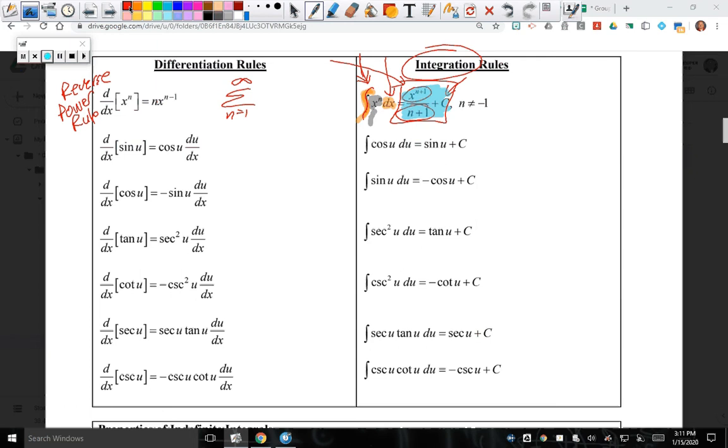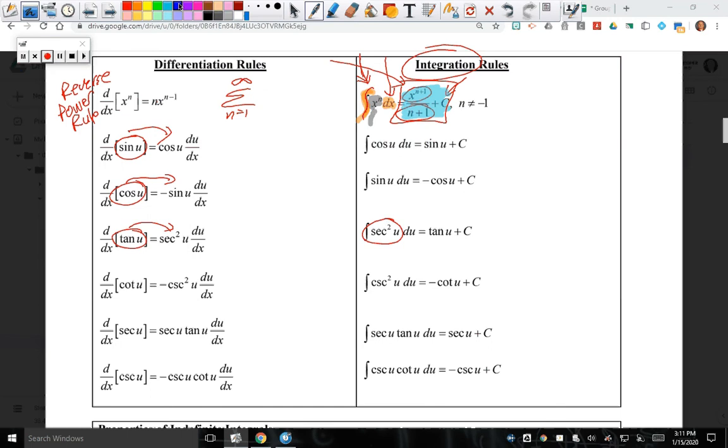Okay, here we go. What's the derivative of sine? Cosine. What's the derivative of cosine? Negative sine, right? I have it right here. The derivative of tangent? Secant squared. What's the antiderivative of secant squared? Tangent plus C. Yes. So look what happened here.